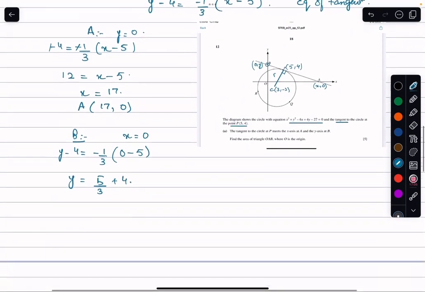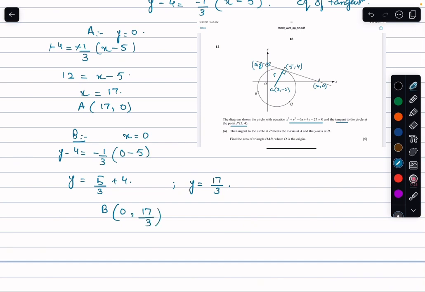So I can say that the y-coordinate here should be equal to 5 by 3 plus 4. That would give me a 3 fours a 12, and 12 plus 5, that's a 17 divided by 3. So B should be having the coordinates as 0 comma 17 by 3. So A and B, they have the coordinates.